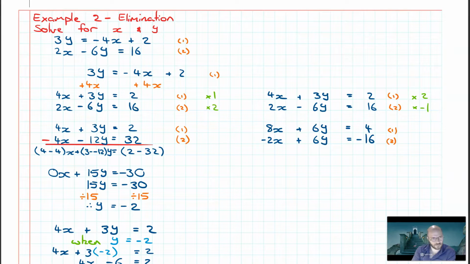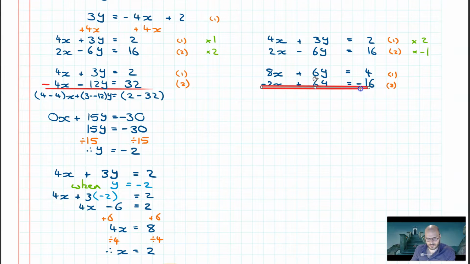Now going in for the subtraction, I subtract equation 2 away from equation 1. This will be 8x take negative 2x, plus 6y take 6y, followed by 4 take negative 16. On the right hand side, the double negative will become positive 20.